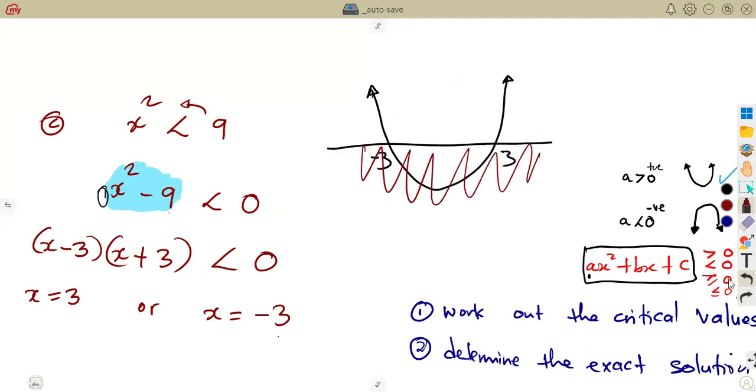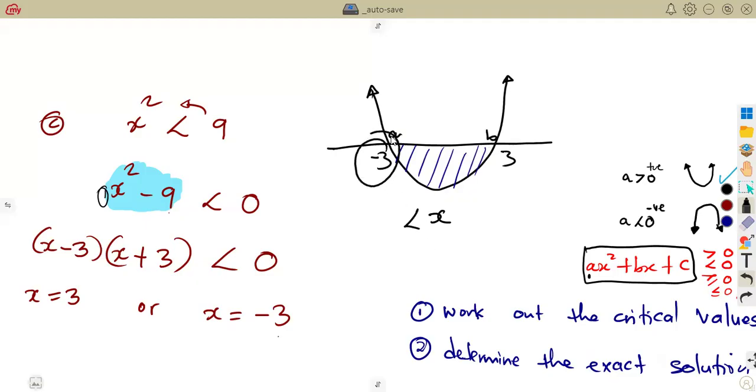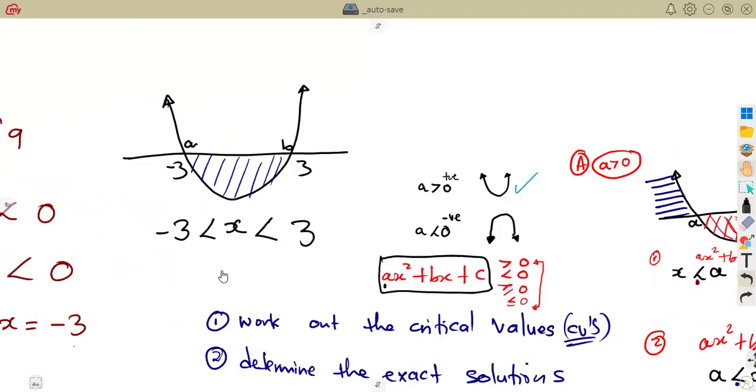Below the x-axis, in the region between these two. So how do you write your solutions? X is greater than A but less than B. So x is greater than minus 3, but less than 3.